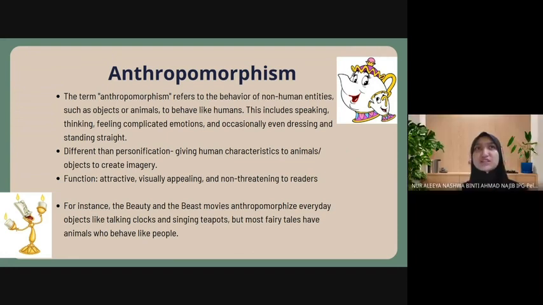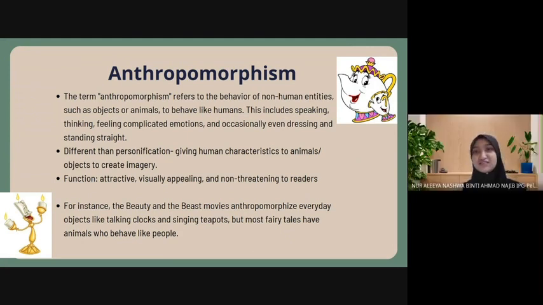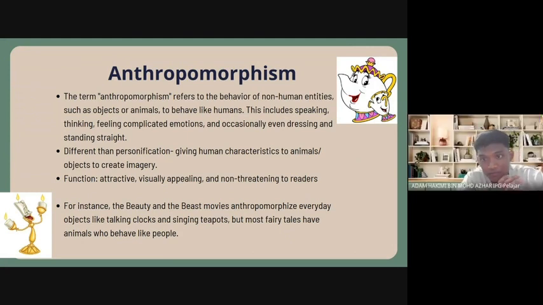Like the characters used in movies, for instance the Beauty and the Beast movies anthropomorphize everyday objects like talking clocks and singing teapots. Most fairy tales have animals who behave like people. Basically, the objects and animals behave like humans. Understand?